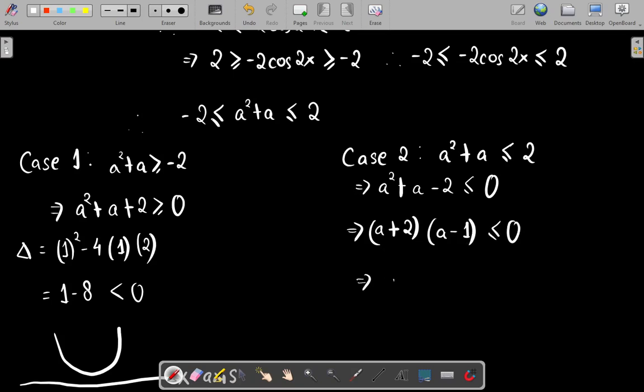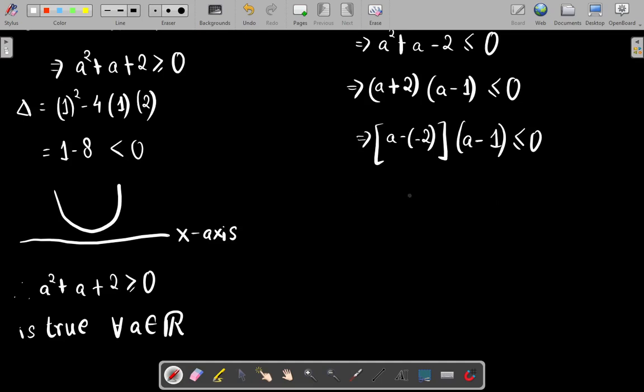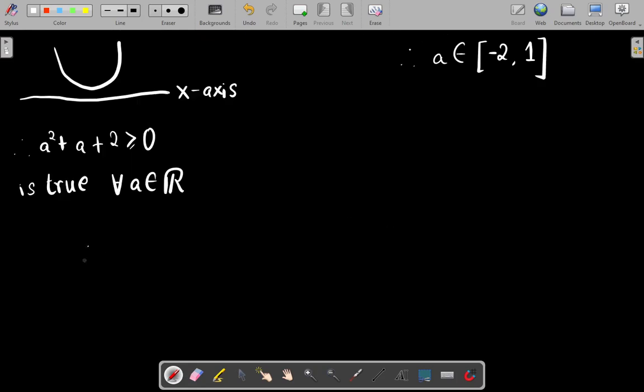Since the product is negative, a has to lie between minus 2 and plus 1, and since this is not a strict inequality, both ends are included. a can take either minus 2 or 1. So from the second case, we find that a can take any values from minus 2 to 1.